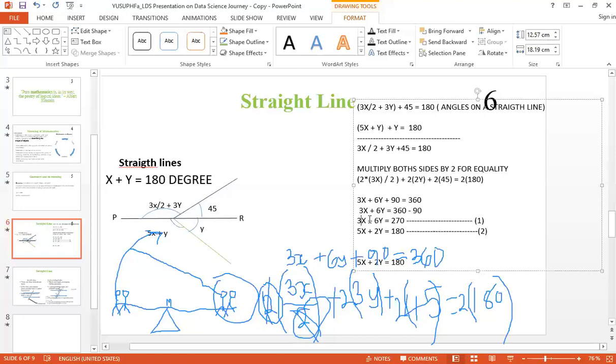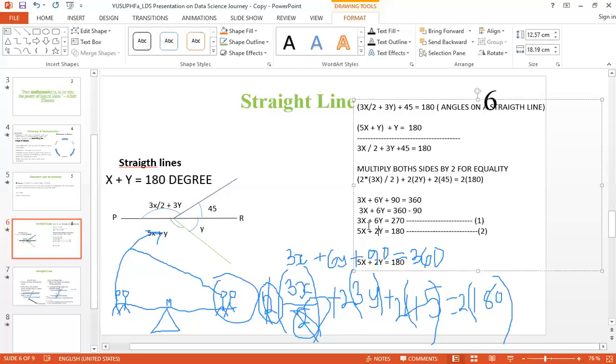So the coefficient of X here is 3, and here it is 5. The coefficient of Y here is 6, and here it is 2. So coefficient means the number that is multiplying that unknown letter.